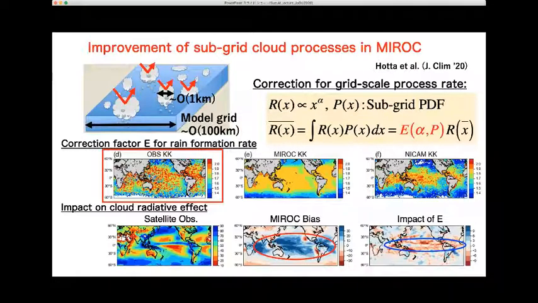So we need to take into account so-called subgrid cloud inhomogeneities for better accounting for the microscopic cloud impact on the climate. And now we are also using the satellite observation for this purpose, trying to reduce our model errors by accounting for these kinds of effects.